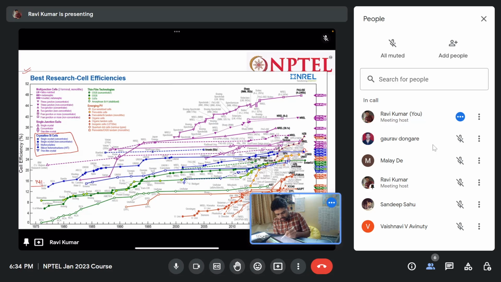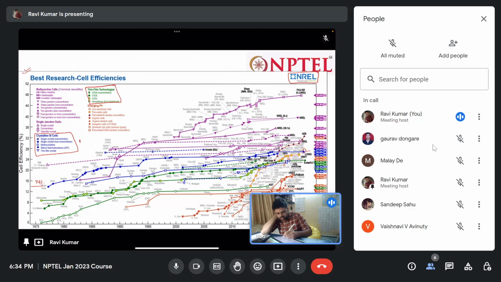And these are the thin films. You can download this diagram as a good PDF from the NREL website. This is the NREL organization, and this green color shows thin film technology.